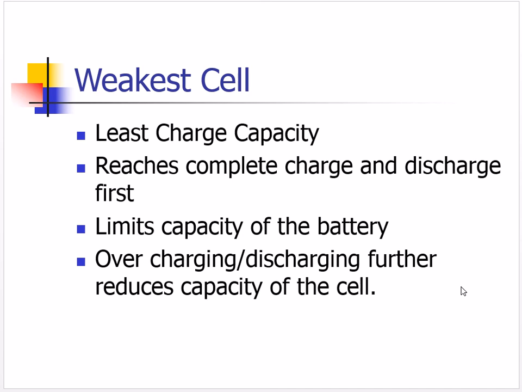And then what we usually do is we keep pushing charge through that cell, and the other 5 cells, which causes these interesting chemical reactions on the plates in the weakest cell, and the weakest cell just gets weaker and weaker until it really stops charge from flowing through there. And usually when a battery fails, it's because one cell failed, and the other 5 cells are probably fine, but because they're all in series, if one cell goes completely bad, then it's bad.